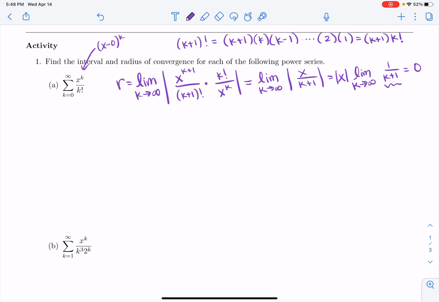And what do we know about 0? 0 is less than 1 for all x, so this ratio is less than 1 for all x, and that means that this power series converges for all x.